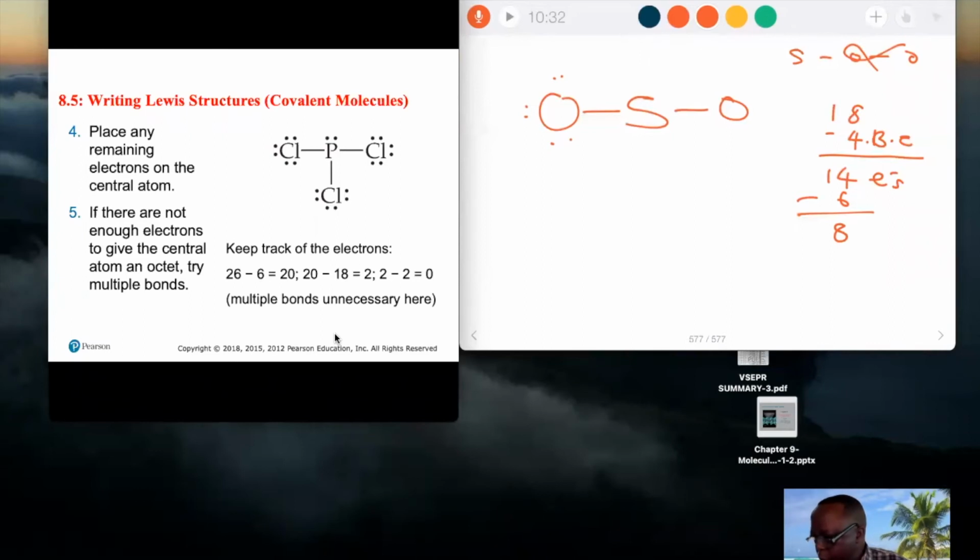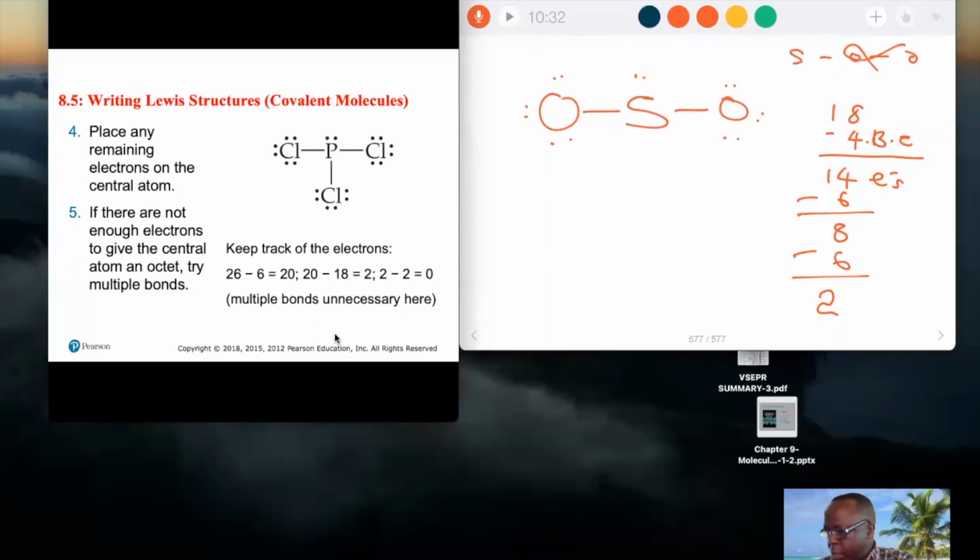We need to satisfy the octet rule on the second oxygen: 8 minus 6, 2 remaining. These 2 remaining, we need to place on the central atom, which is sulfur.